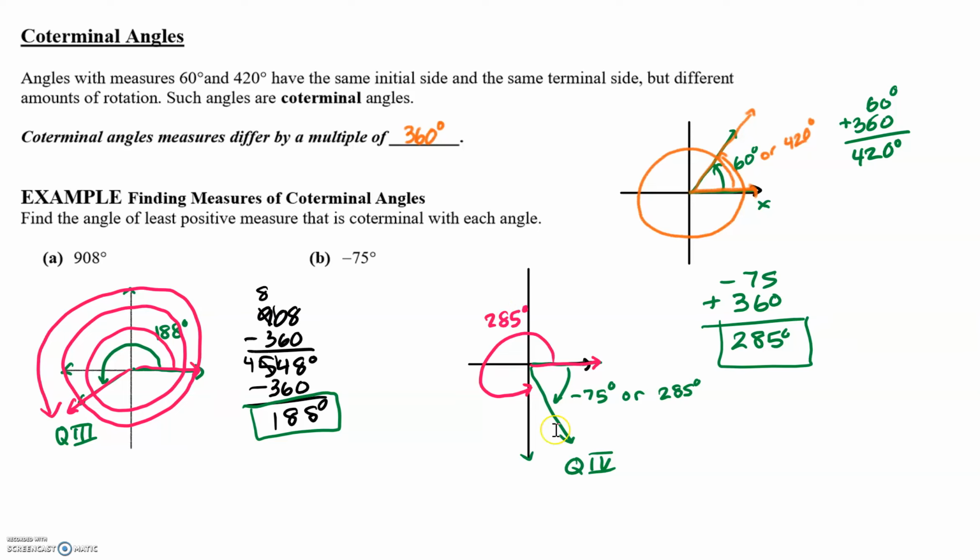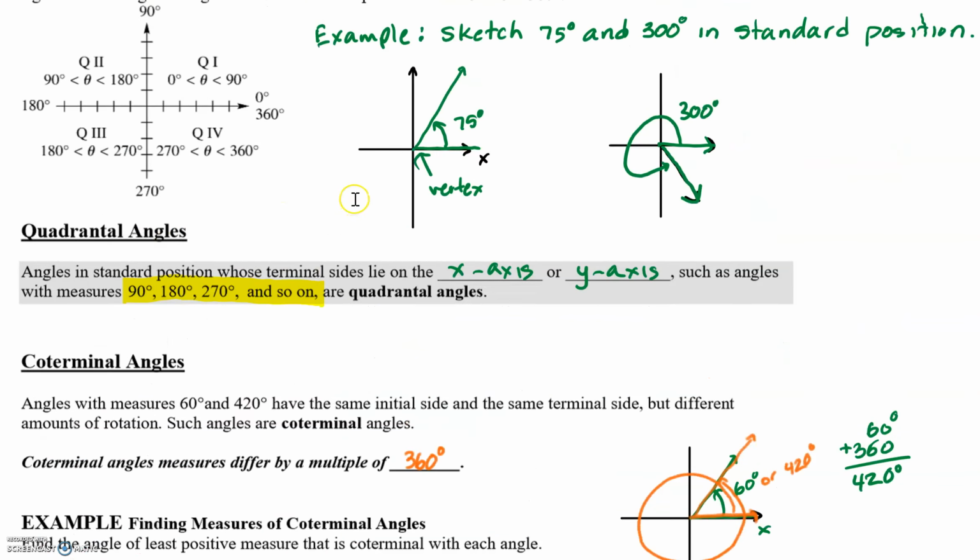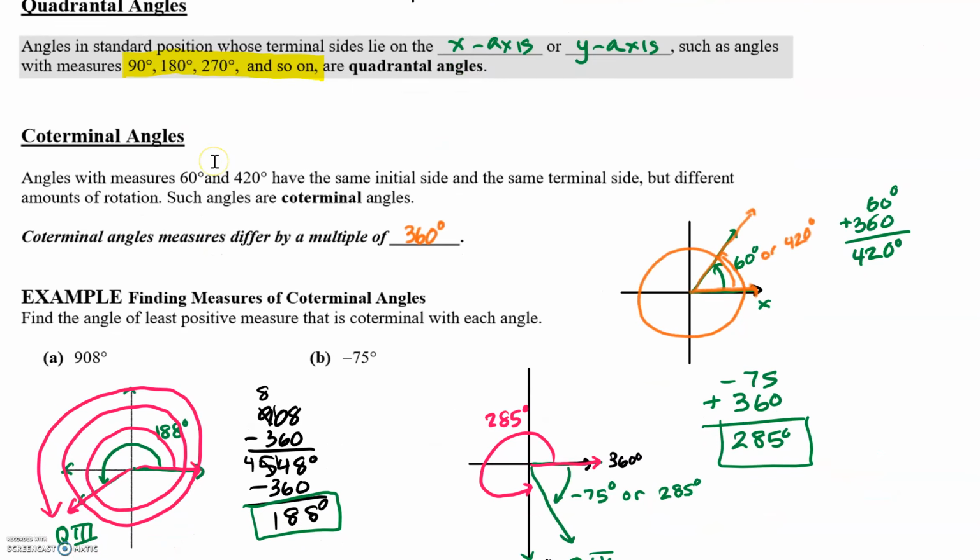And this does make sense that it's in the fourth quadrant, because if you remember, the negative y-axis here was 270: 90, 180, 270. This was 360. And 285 is between 270 and 360 degrees, as we showed up here.